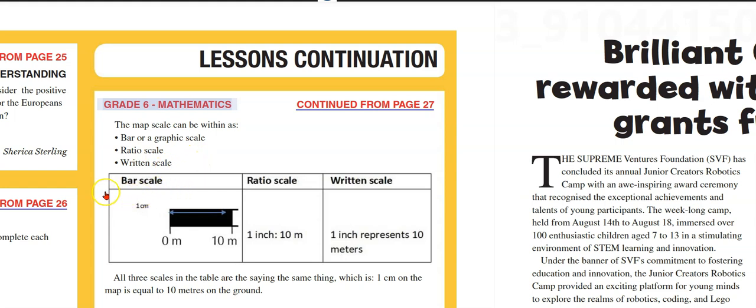So let's go. It can be a bar scale. So here they have 1 centimeter represents 10 meters. It can be written as a ratio, 1 centimeter, or 1 inch rather, to 10 meters. It can be a written scale, 1 inch represents 10 meters.